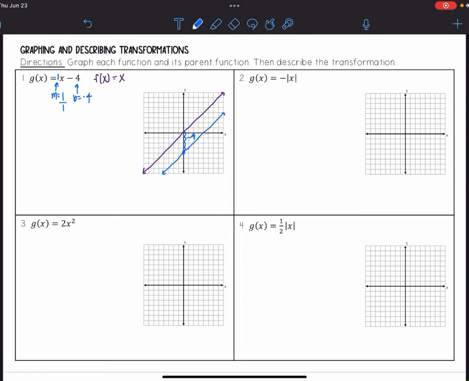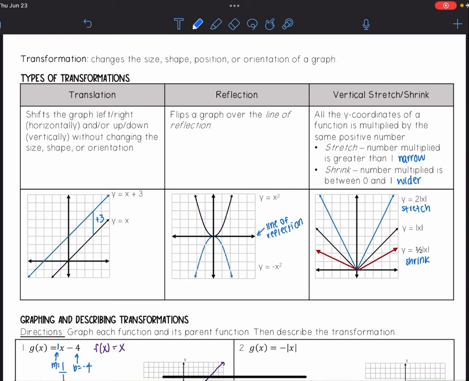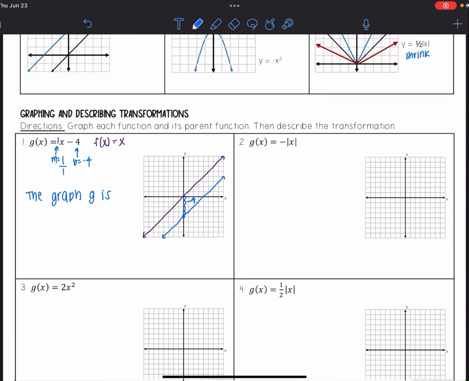So for this, I can say that g is, and our word here was translated, four units down from the parent function, the parent linear function.